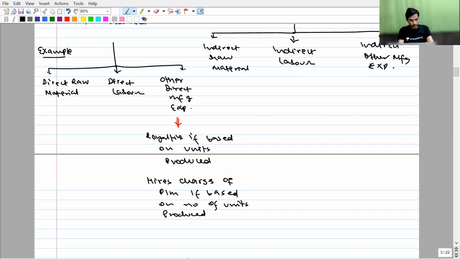Then that's called direct manufacturing expenses. Or if you have taken plant and machinery on rent, and the rent is based on the number of units produced, then that is also other direct manufacturing expenses.